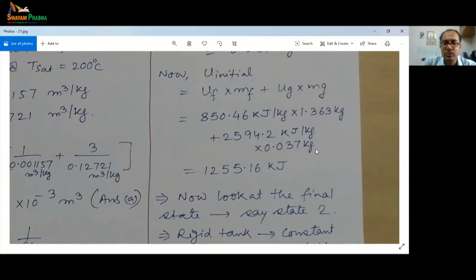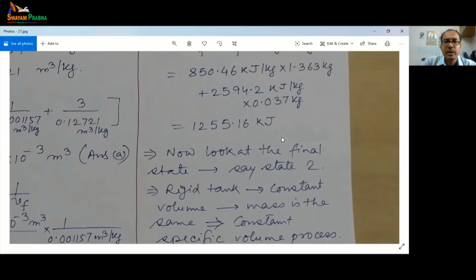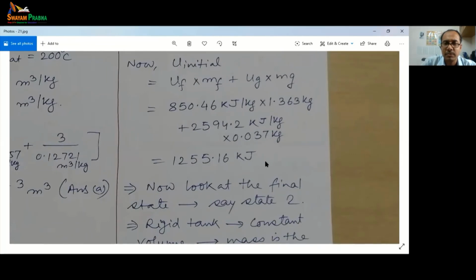These two values we looked up from the table. MF and MG we just found, so we can find the initial internal energy of the two-phase mixture of vapor and liquid. That's 1255.16 kilojoule. The per kg goes off because now we have multiplied it with mass.